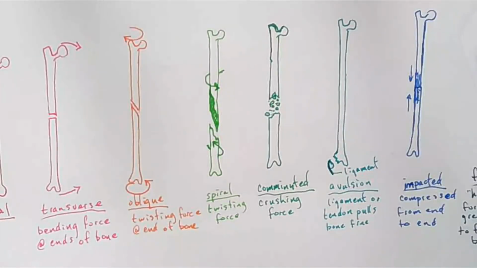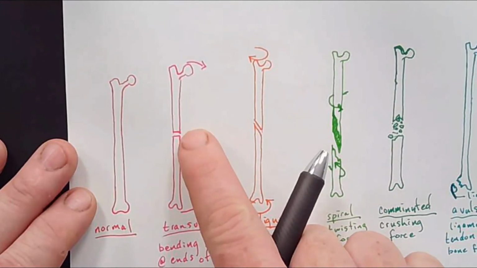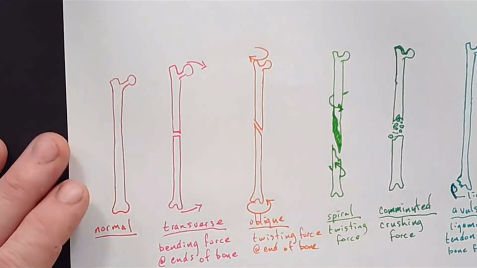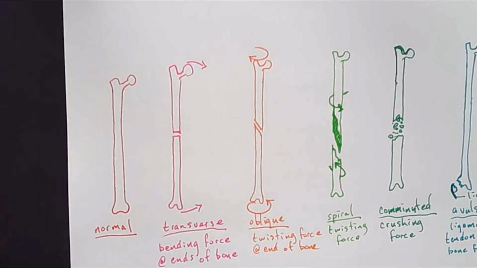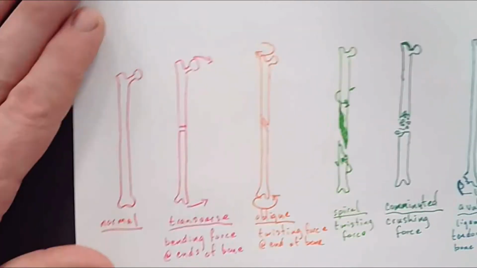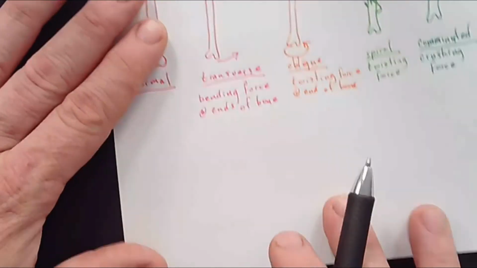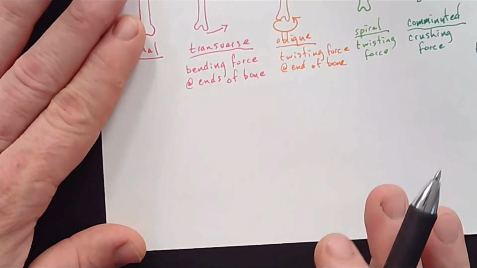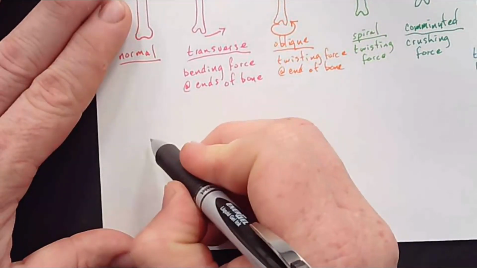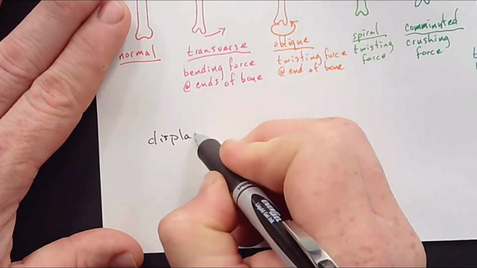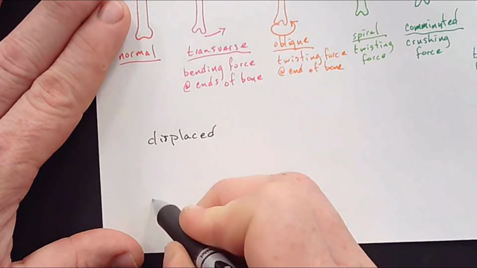If you break a bone, the broken ends can either stay in place or they can shift, right? Depending on how bad the fracture is or what you do immediately after the injury takes place. So the bones can shift out of place or they can stay in place. The terms for this are either displaced or undisplaced.